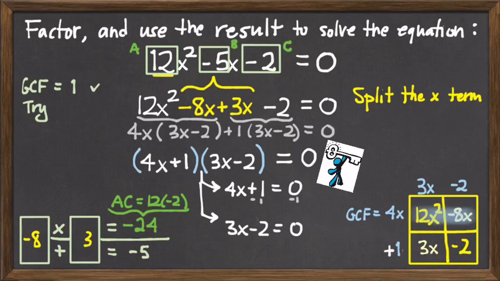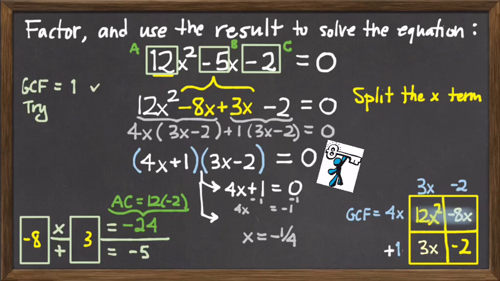And then divide out the 4 on each side. So 4x equals negative 1. Divide by 4, and I'm running out of room here. So x is equal to negative 1/4. I'm just going to move that whole second equation. x equals negative 1/4 is one of our solutions to this equation.